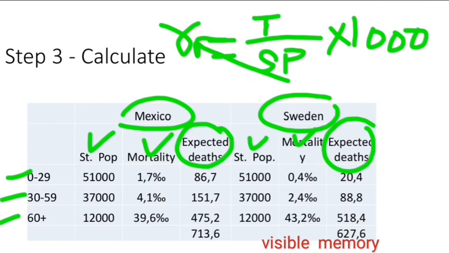When we multiply 1.7 with 51,000 and divide by 1000, it is 86.7. Please ignore this percentage, it is here by mistake. In the same way we find the number of deaths in the other categories.